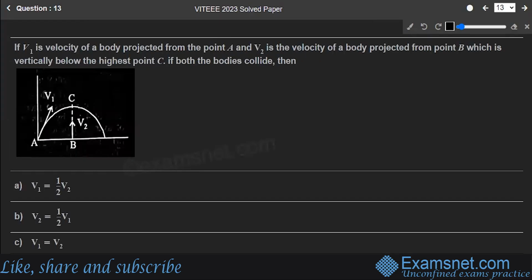If V1 is the velocity of the particle projected from point A and V2 is the velocity of the body projected from point B, which is vertically below the highest point C. Let's look over here. I'm reading the statement again.